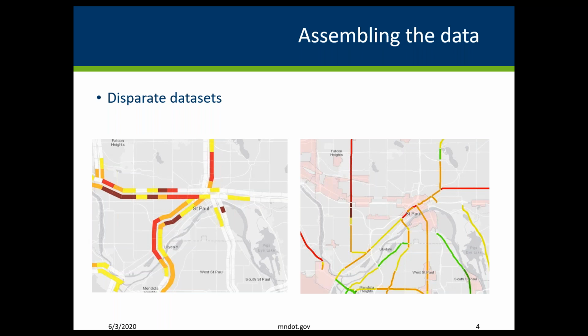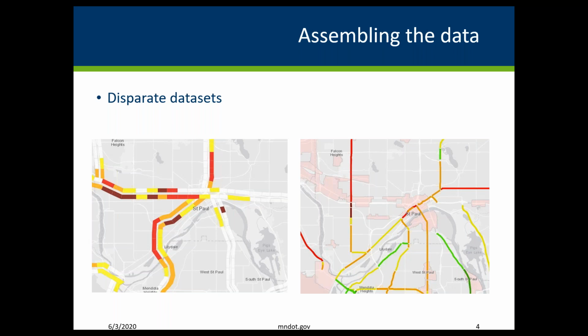So we can see on the left is an example of our traditional system for measuring congestion with MnDOT. So basically, we have loop detectors that are embedded in the highways to detect vehicle speeds, and roads are considered congested whenever the average traffic speed drops below 45 miles per hour. So the map on the left shows duration of congestion.